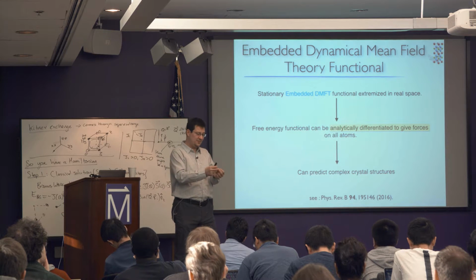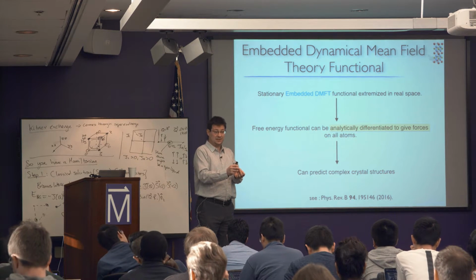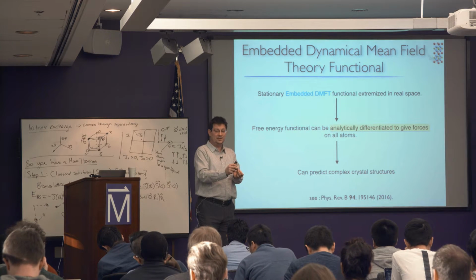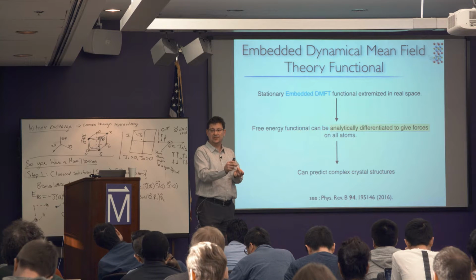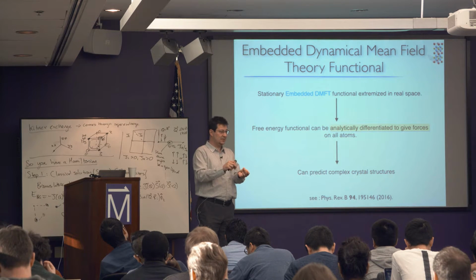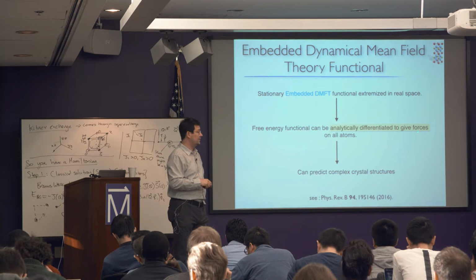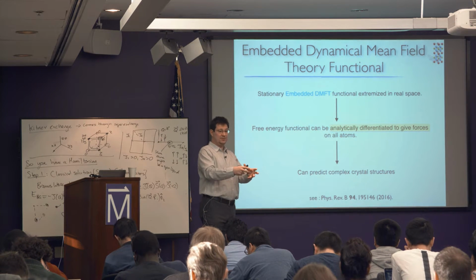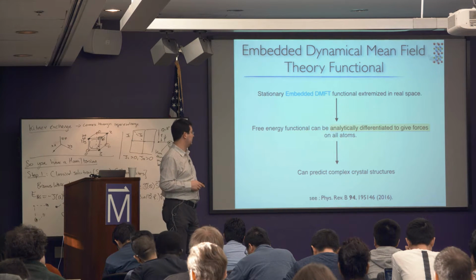Because otherwise, if you want to calculate the structure with finite displacements, you need 3 times n calculations, where n is the number of atoms per unit cell. That's very expensive. So you really want an analytic expression that gives you the force for each calculation of your band structure.